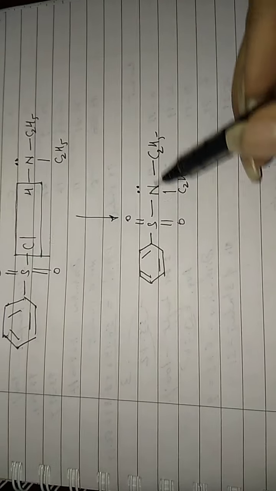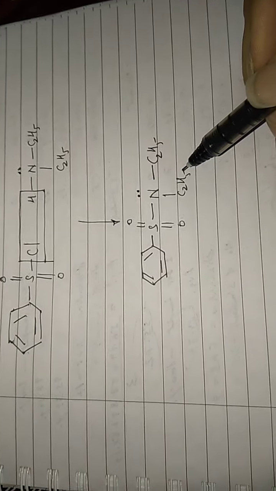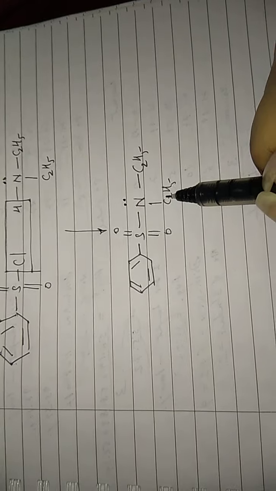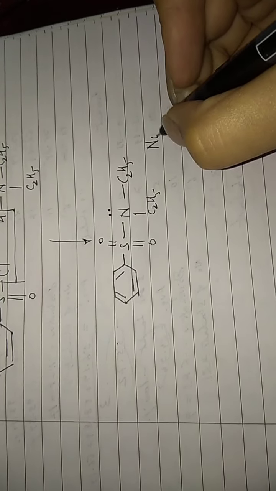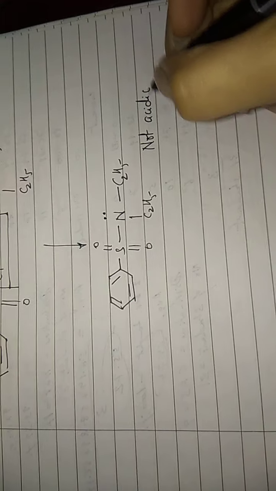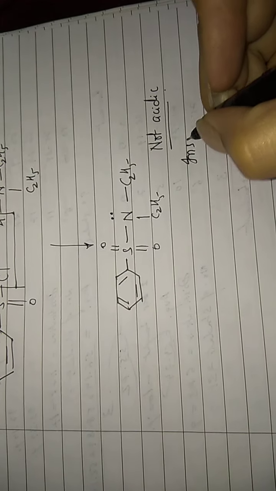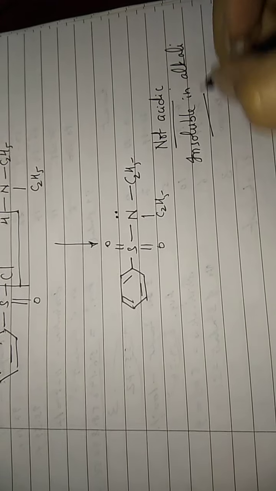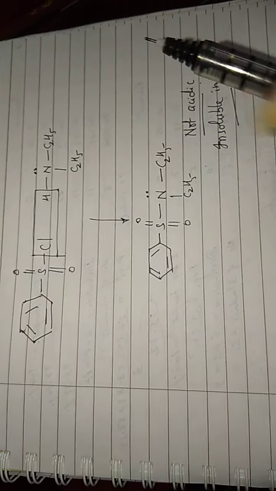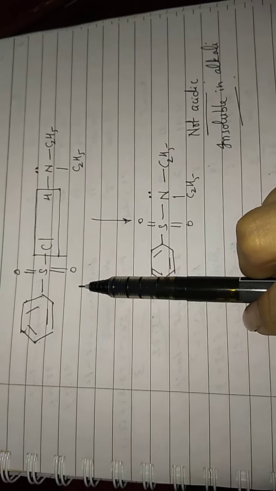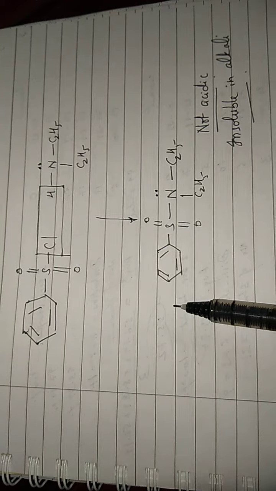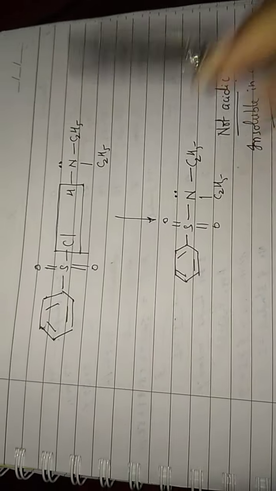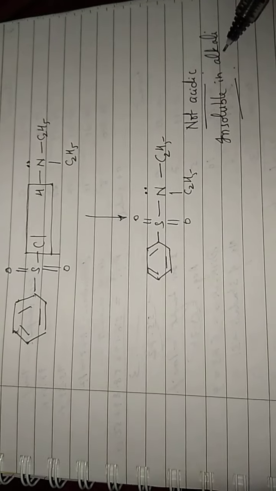You can see that there is no hydrogen atom over here, so release of proton is not possible in this compound. Because release of proton is not possible, this compound is not acidic and hence it is insoluble in alkali. Fine. So both primary and secondary amines do react with benzene sulfonyl chloride, but what is the difference? A primary amine generates a compound which is soluble in alkali, and a secondary amine generates a compound which is insoluble in alkali.